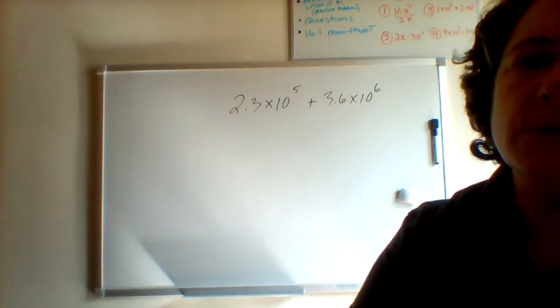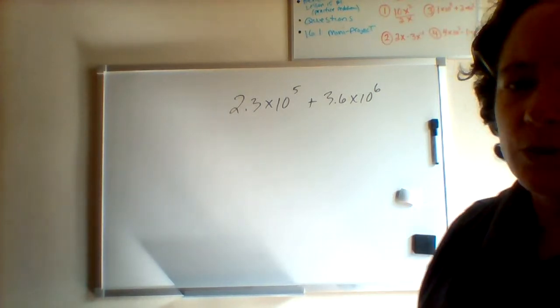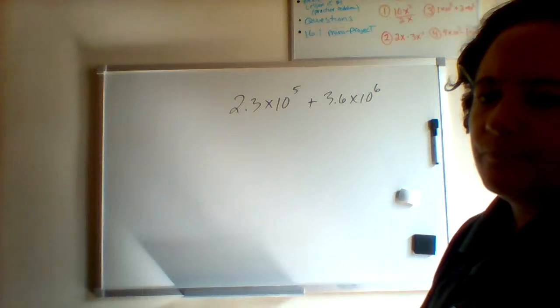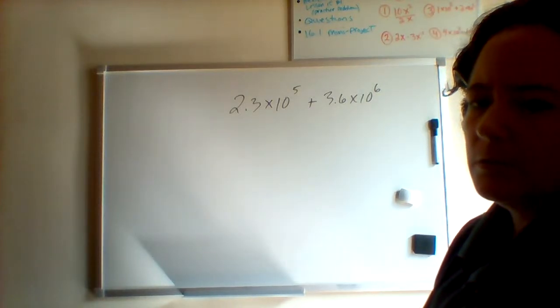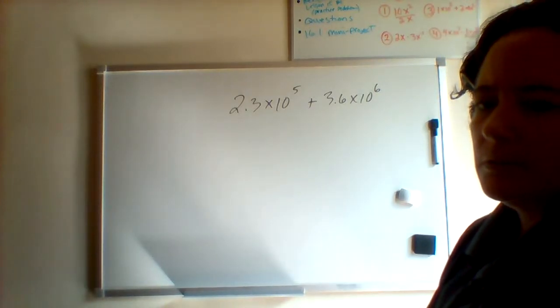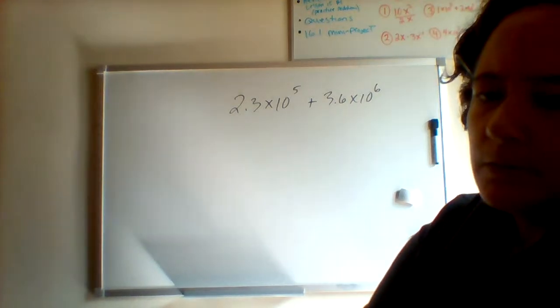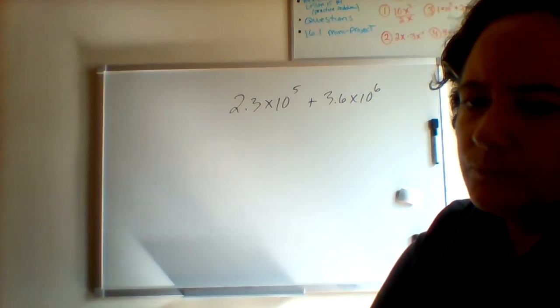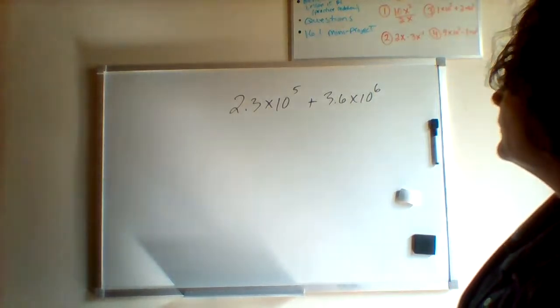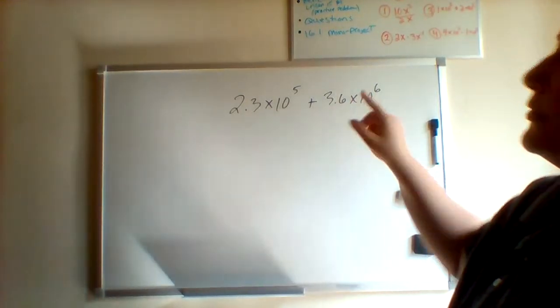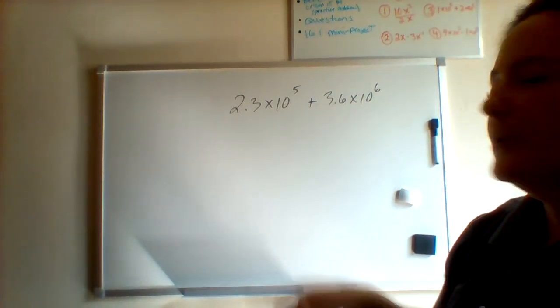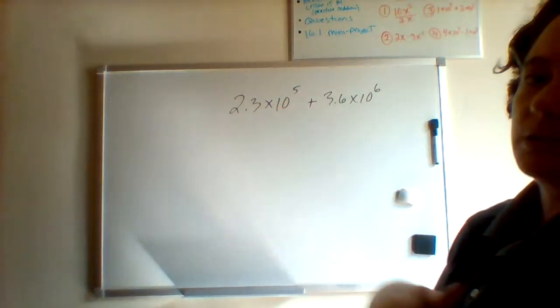Okay, so what I'm going to do is I'm not going to look at what she wrote. Okay? The reason why this one is different is because these bases, they're not the same right now.